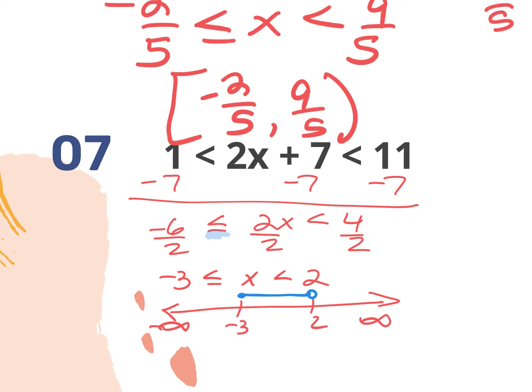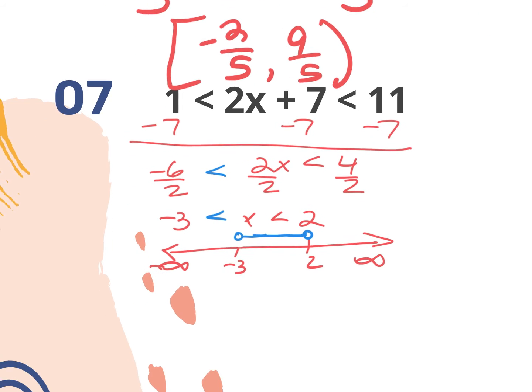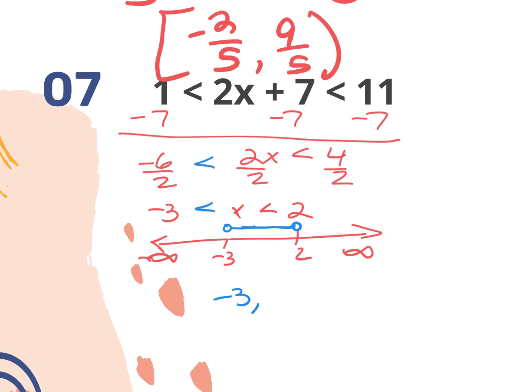This should not be an or equal to. The original symbol was a less than, and I got to keep the same symbol. So open on both ends. And again, the interval notation, negative 3, comma 2, with parentheses because they were both just a less than.